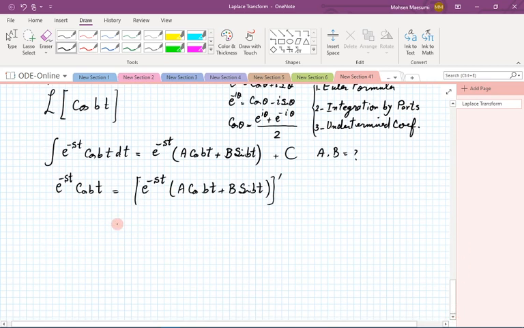So I avoided the integration, and now instead I have to put up with differentiation. Well, differentiation is easier.